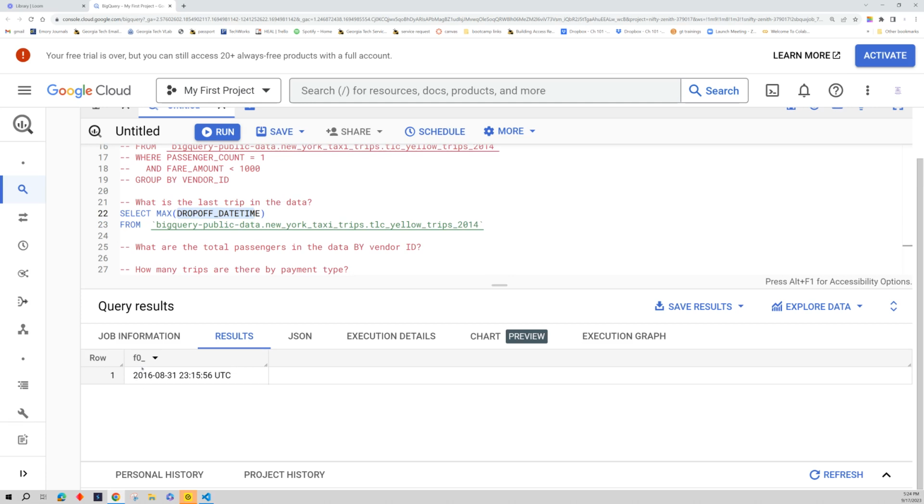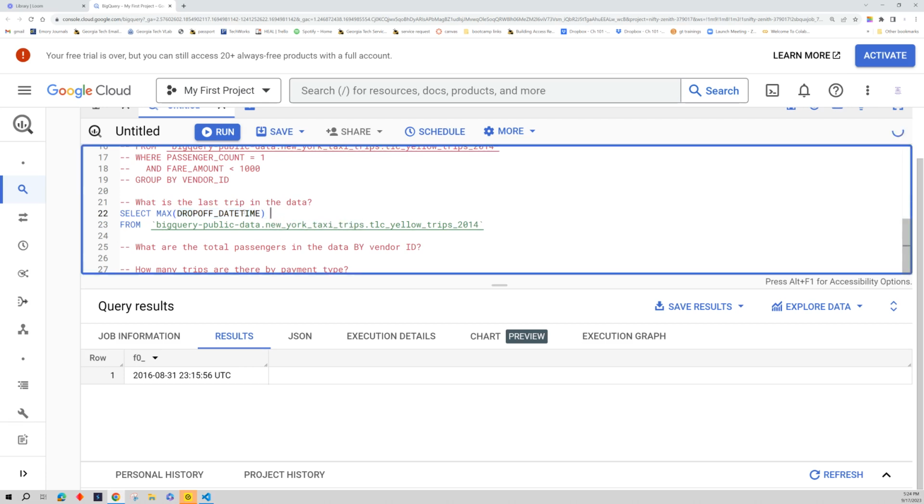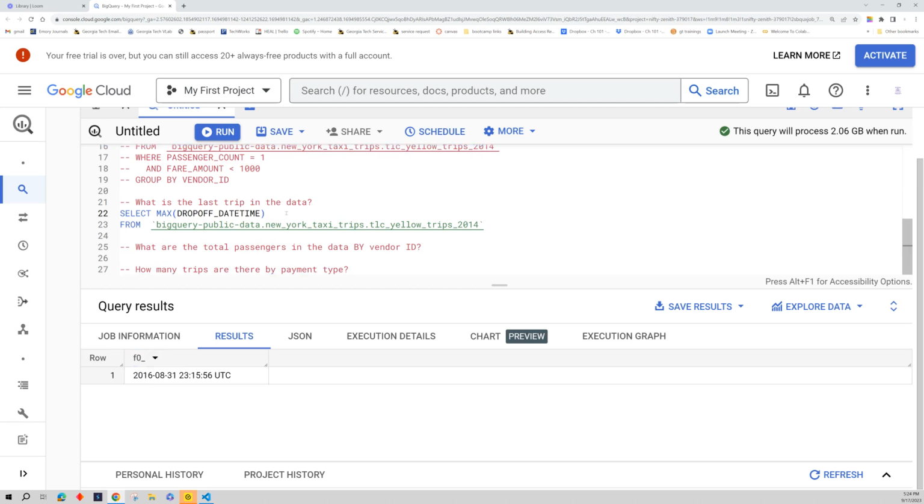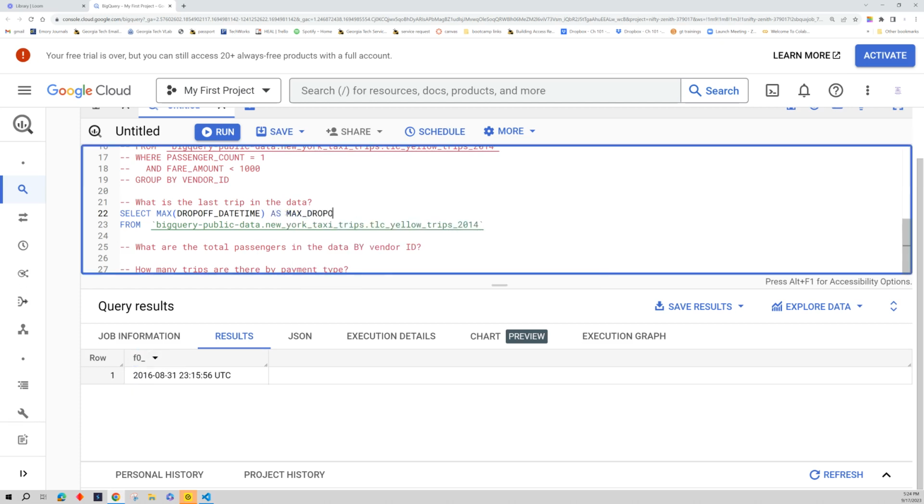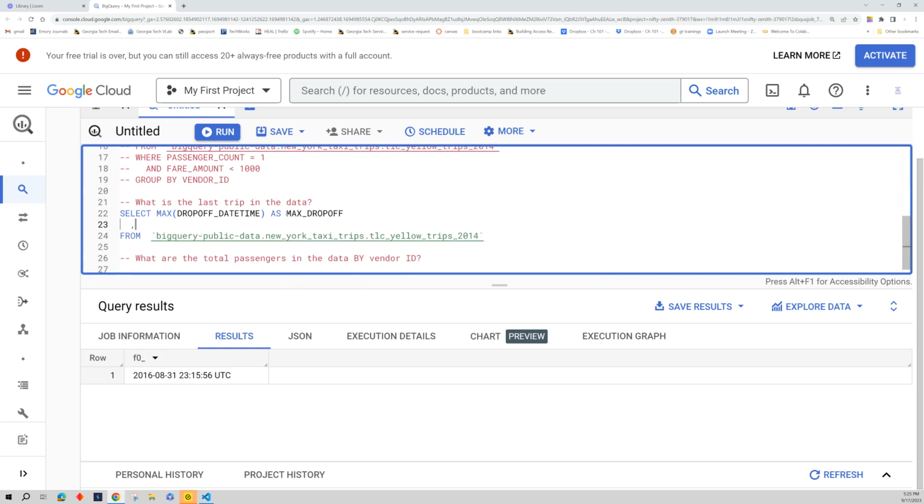So this is interesting. We see that, oh, we didn't relabel it. If you don't relabel it, if you don't put that alias, you get this generic column name. Let's also do, while we're here, max pickup date time.